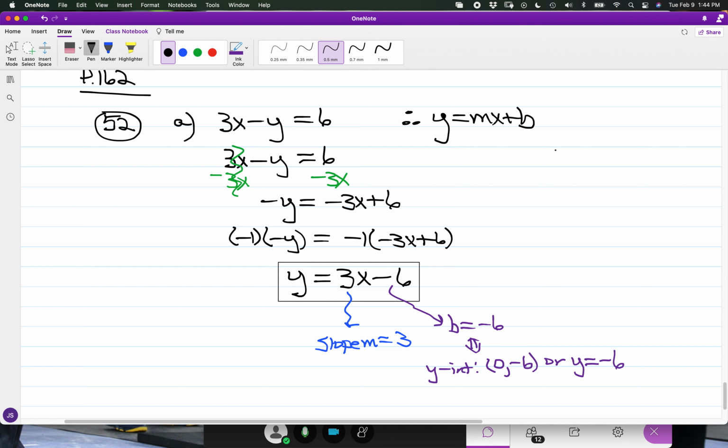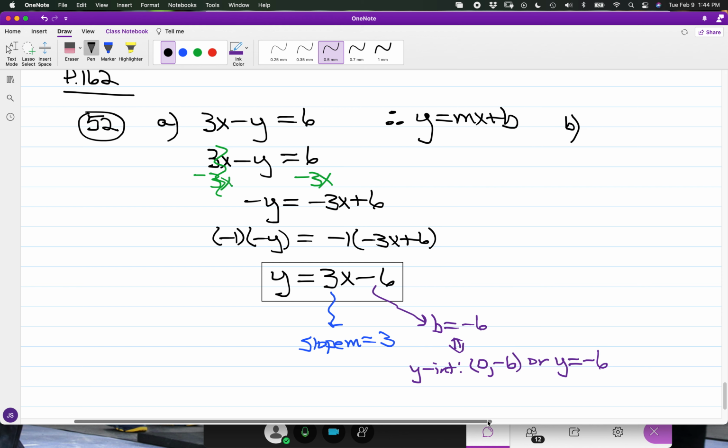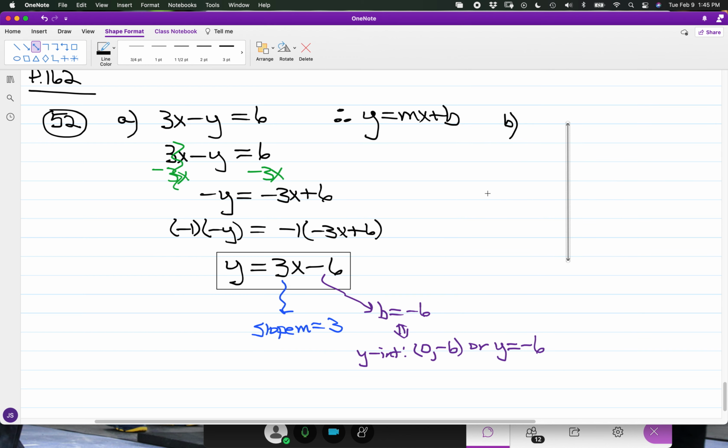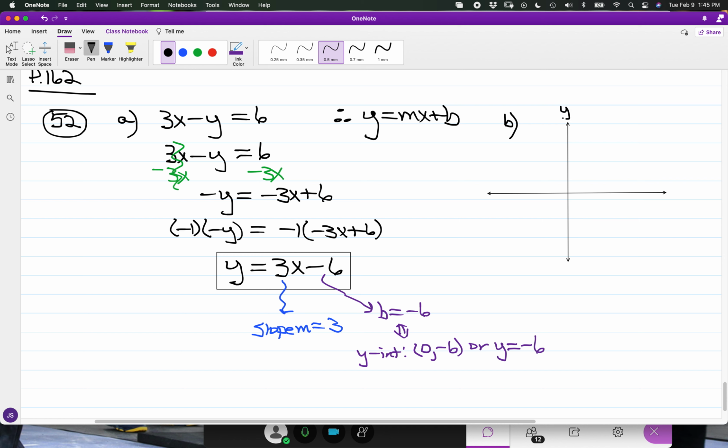Now for graphing what we have here, you have a y-intercept at 0, -6.